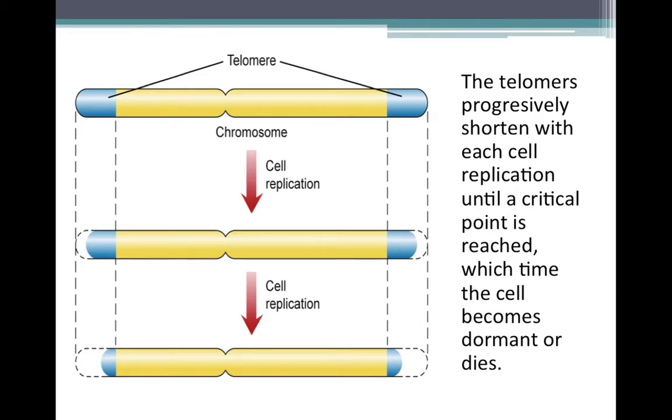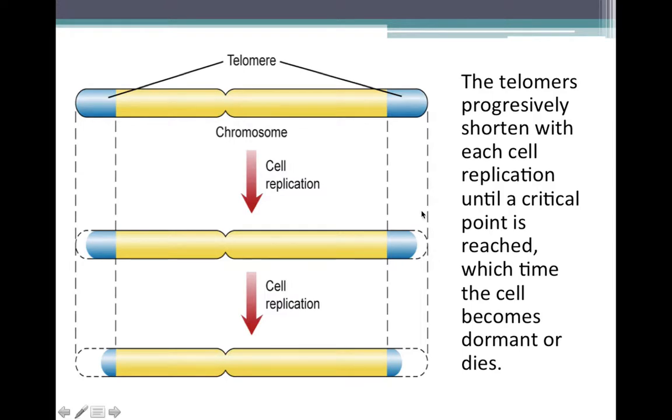This is one of the mechanisms our body uses to avoid cancer. As your cell divides a certain number of times, there's an increased potential to accumulate mutations, and this is a built-in mechanism to prevent cancer. However, it also leads to a certain lifespan, because your cells can only divide a certain number of times.